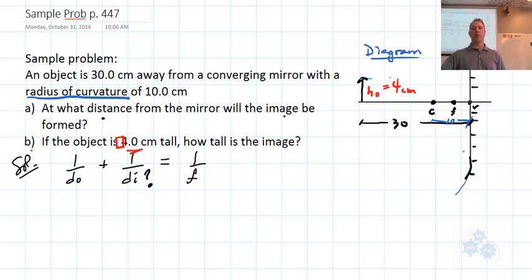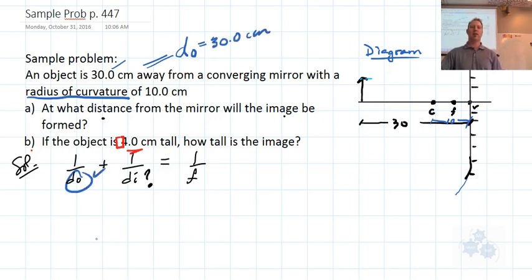Okay, so let's take a look at what we have. I think this is coming later, so I should erase that. What do we have so far? Well, we have an object that is 30 centimeters away from the mirror. So that is the distance of what? The object, right? So we have DO.